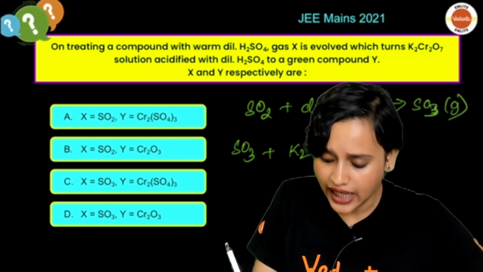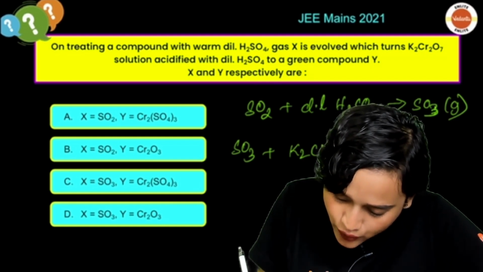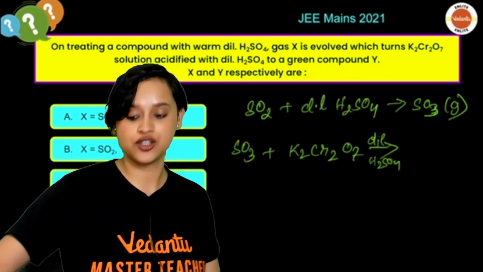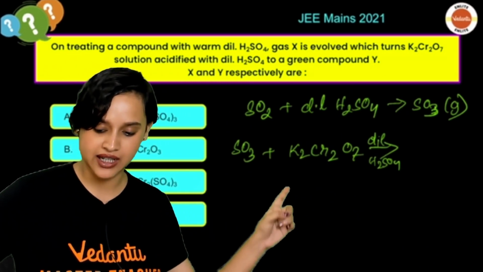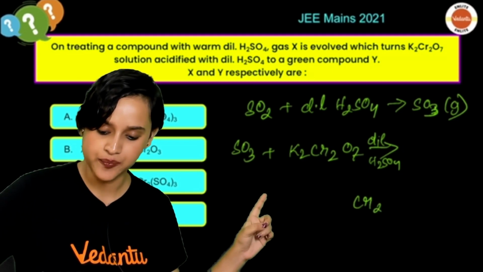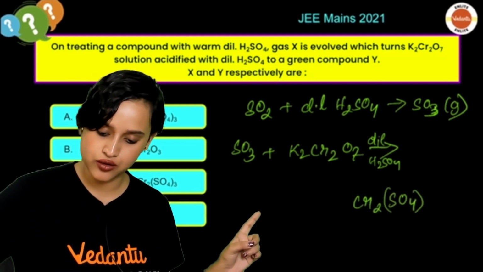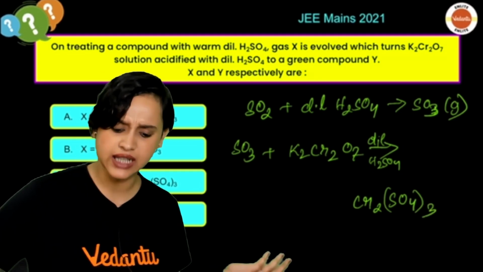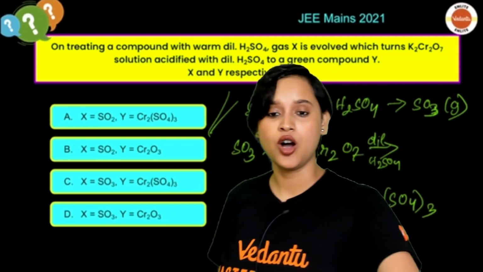Again, this is also in the acidified solution, right? So this also here will have H2SO4. Okay, you can just balance it. What will you get? You will get Cr2(SO4)3. That's it. So that means that option A is the correct answer.